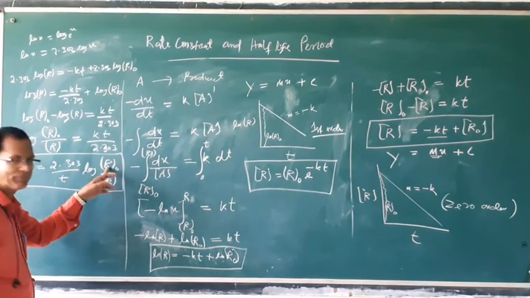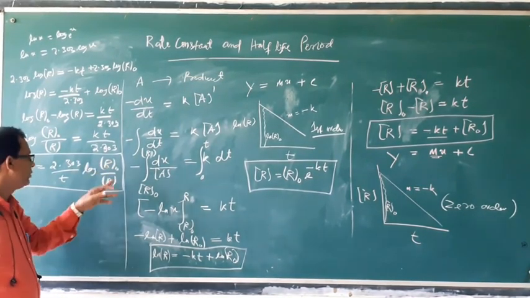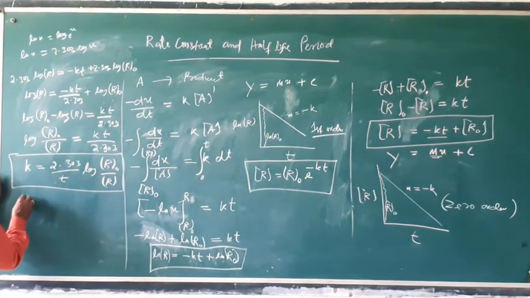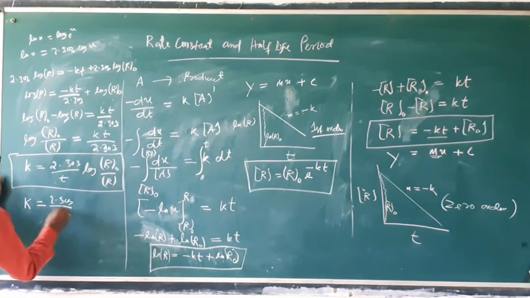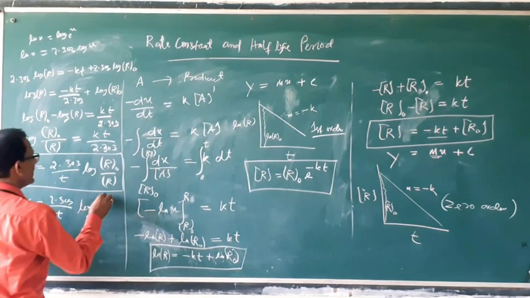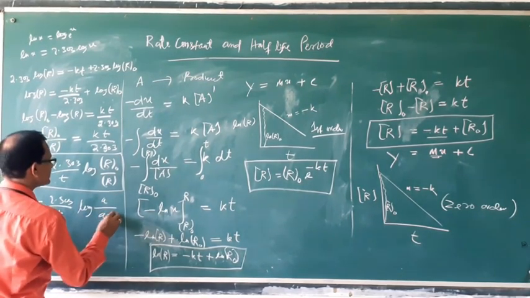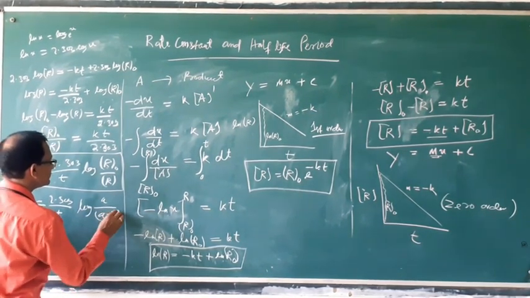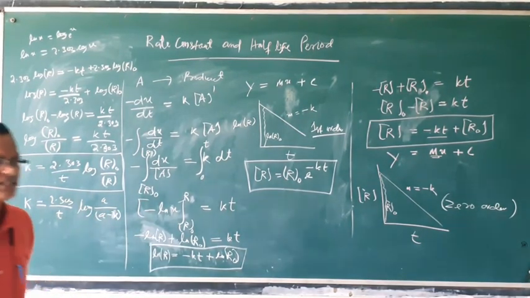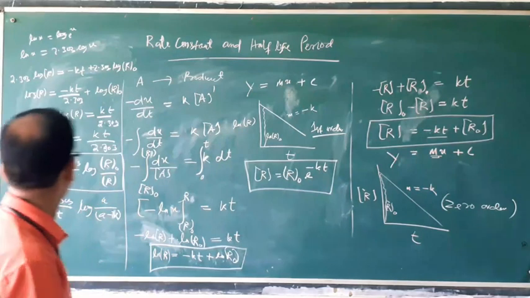What is r0? Initial value. What is r? Mass left. This equation can be written in another form in different books: 2.303 by t log a by a minus x. What is a? A is the initial mass. What is a minus x? A minus x is the mass left.